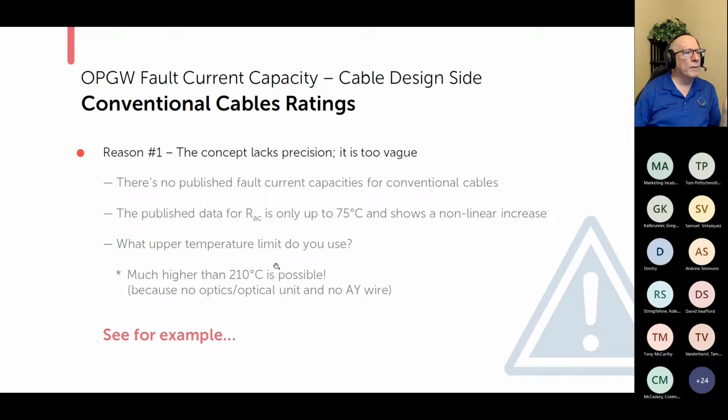And more importantly, what upper temperature limit would you use? You don't have an optical unit or AY wire to worry about, so you can go higher than 210. But the main point here is you have nothing to go to that says these are the fault current capacities of these cables.